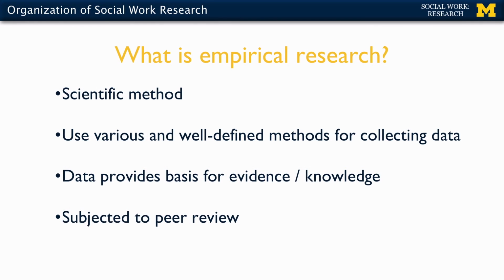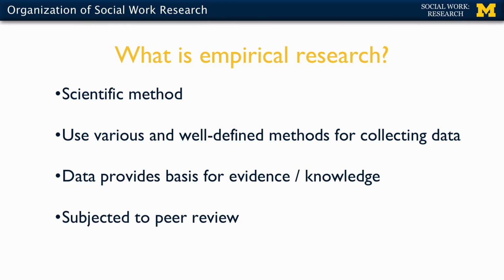The first is that empirical research relies on the scientific method. The scientific method is built on very specific and well-defined methods for collecting and analyzing data. And we use the data as the basis for evidence and our knowledge about certain phenomena in the social world.